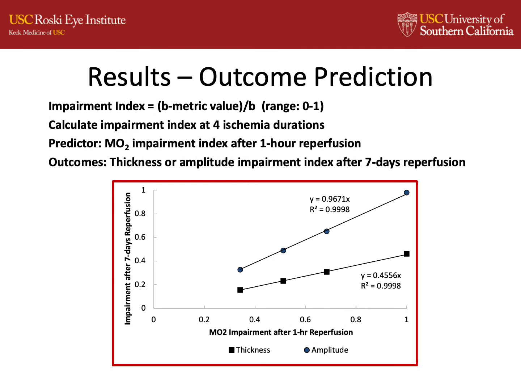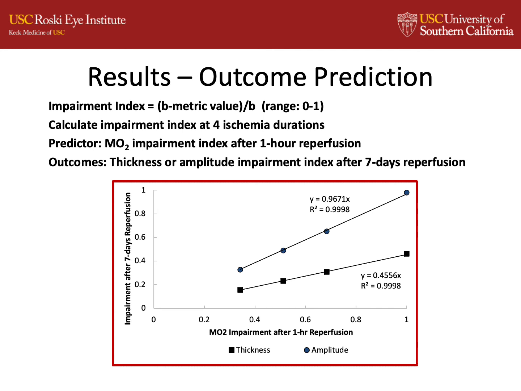Next, we wanted to know whether outcomes, namely visual function and retinal thickness, can be predicted based on MO2 measured shortly after ischemia reperfusion injury. First, we defined an impairment index at each ischemia duration based on the calculated metric and y-intercept from the regression models. Note the impairment index has a range of 0–1 representing no impairment or maximum impairment respectively.